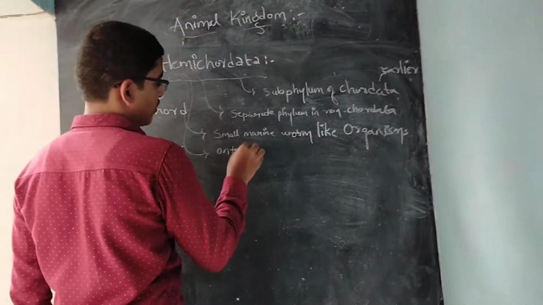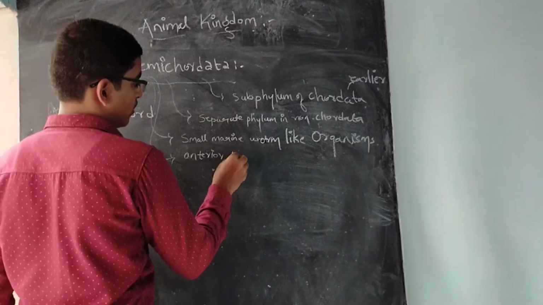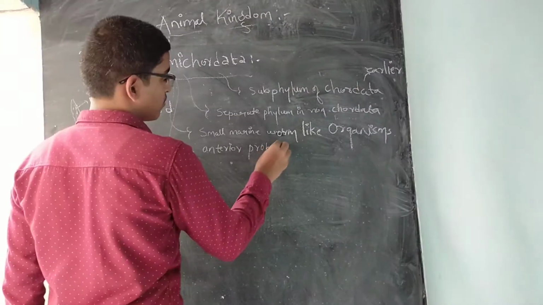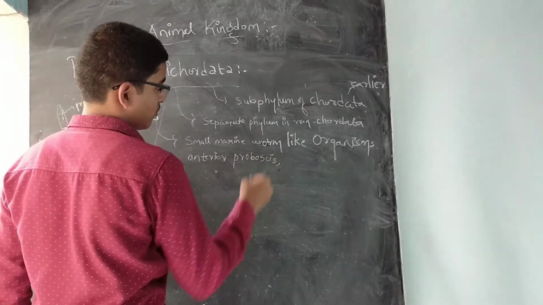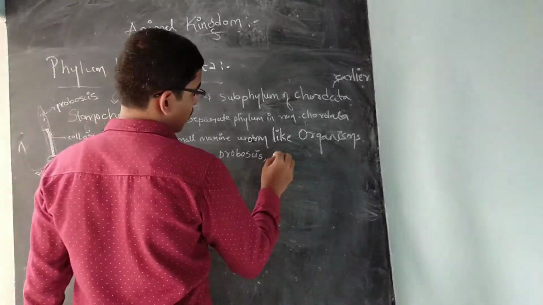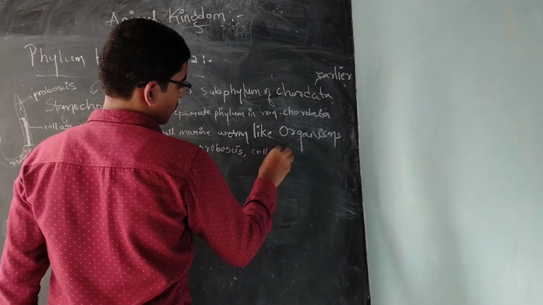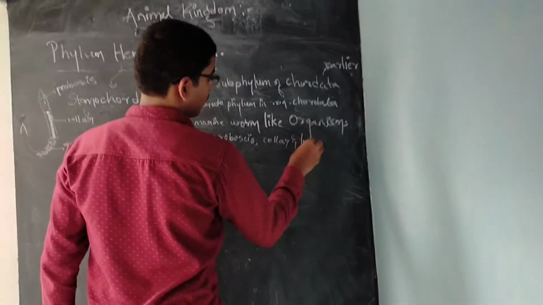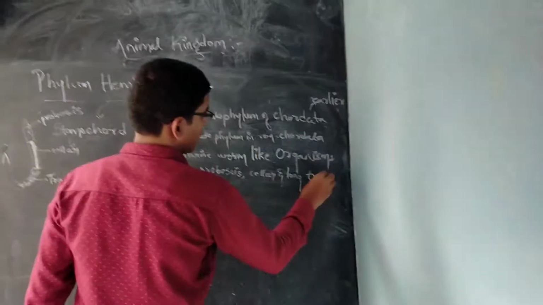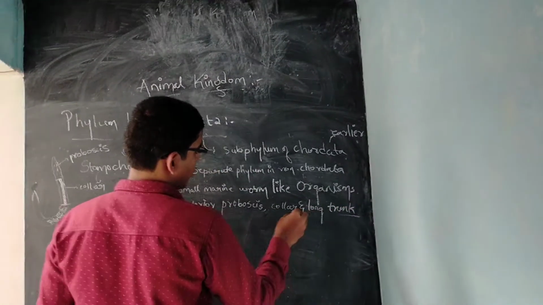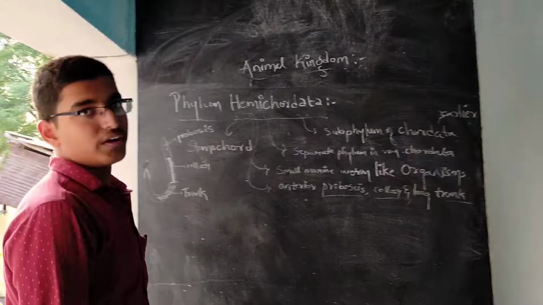Their body is divided into three parts. The anterior portion is called the proboscis, then it has a collar and a long trunk. These are the three parts of hemichordates: proboscis, collar and trunk.